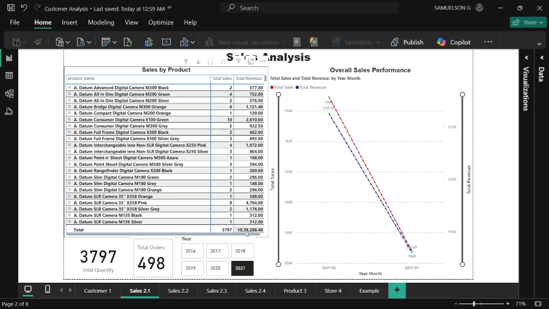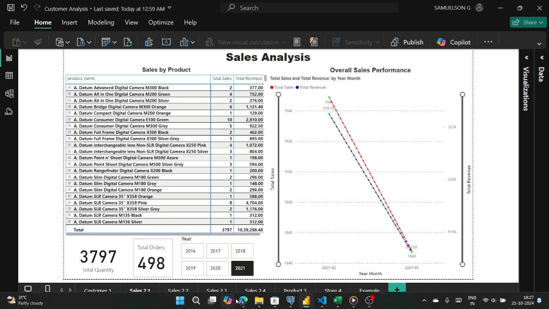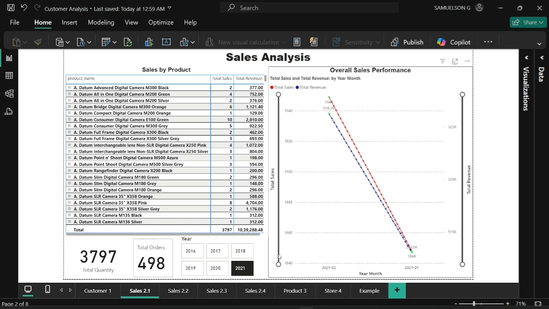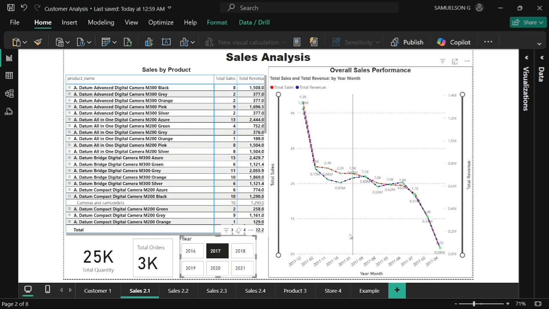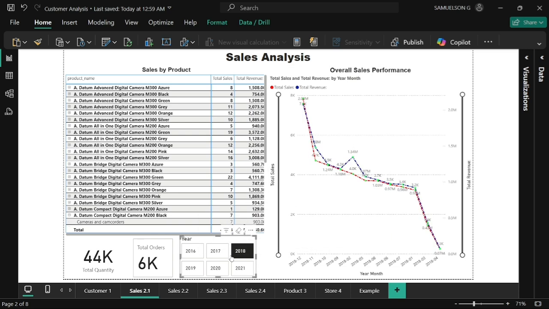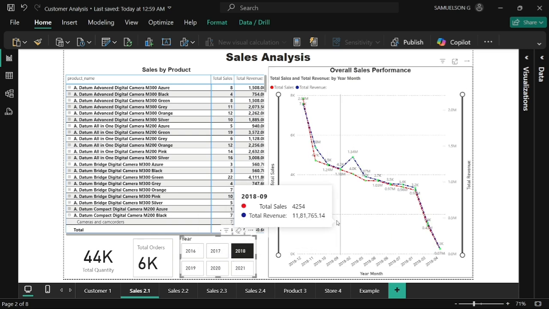Okay, it's the overall performance here. You can see total sales and total revenue month-wise from 2016. What we see in this table column is increasing, decreasing, increasing, right?